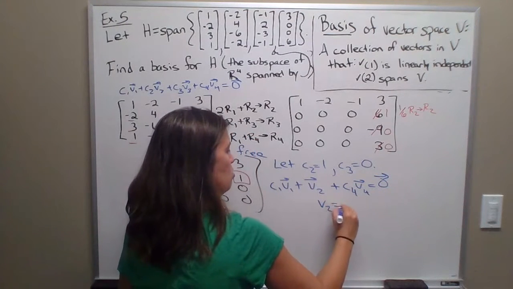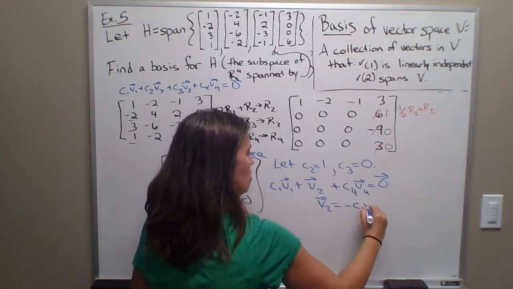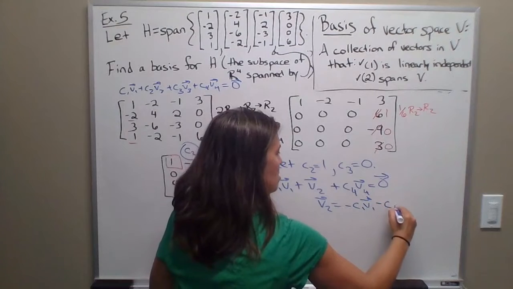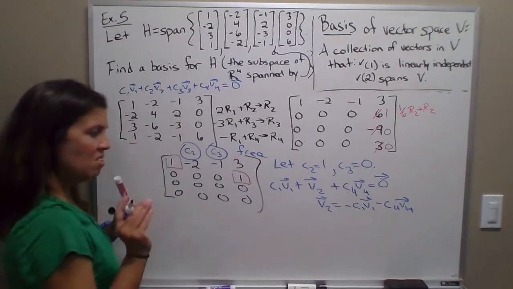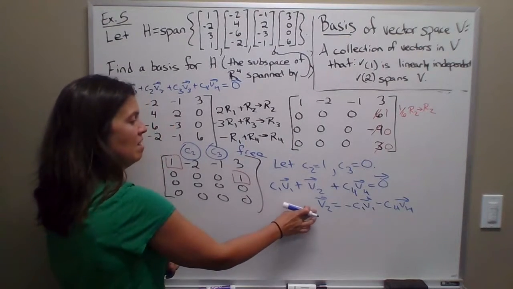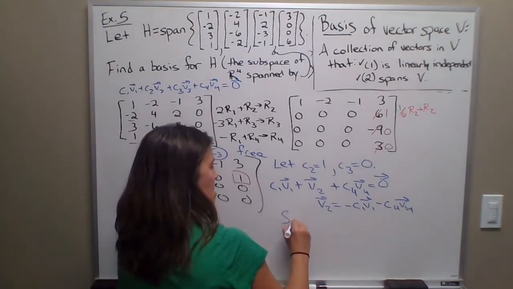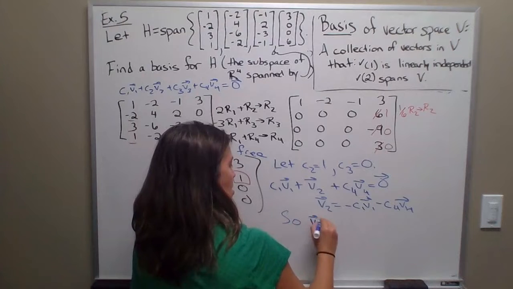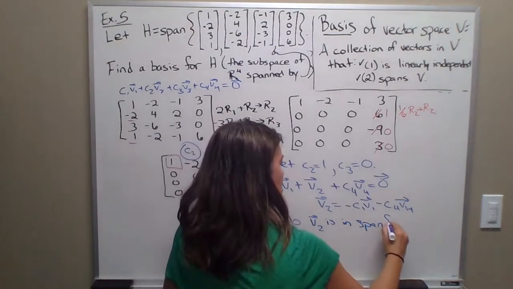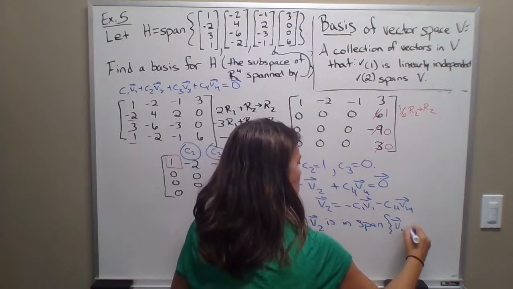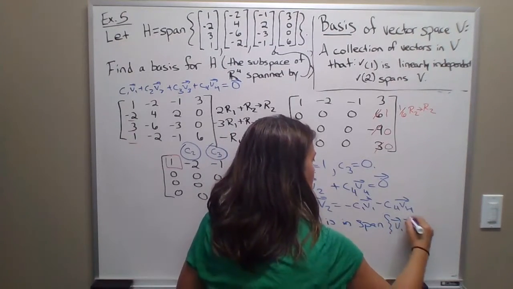So V2 is equal to negative C1 vector 1 minus C4 vector 4. And so what's important there then is that V2 is in the span of vector 1 and vector 4.